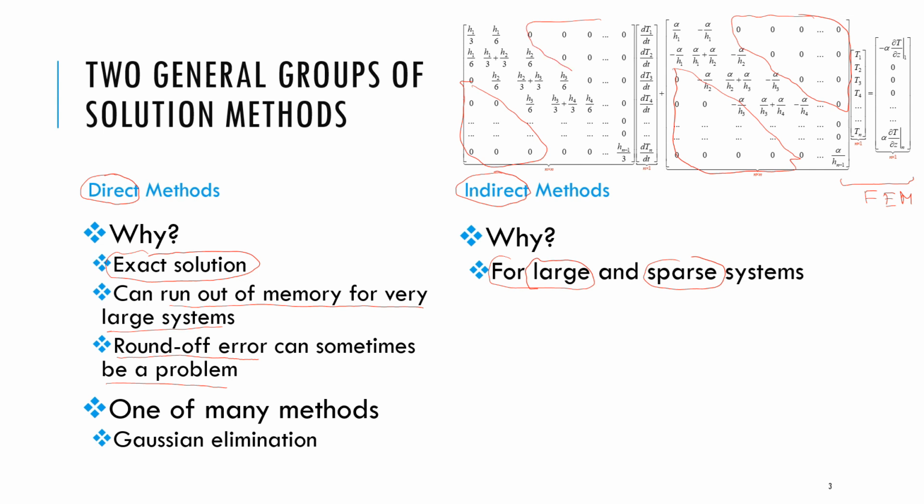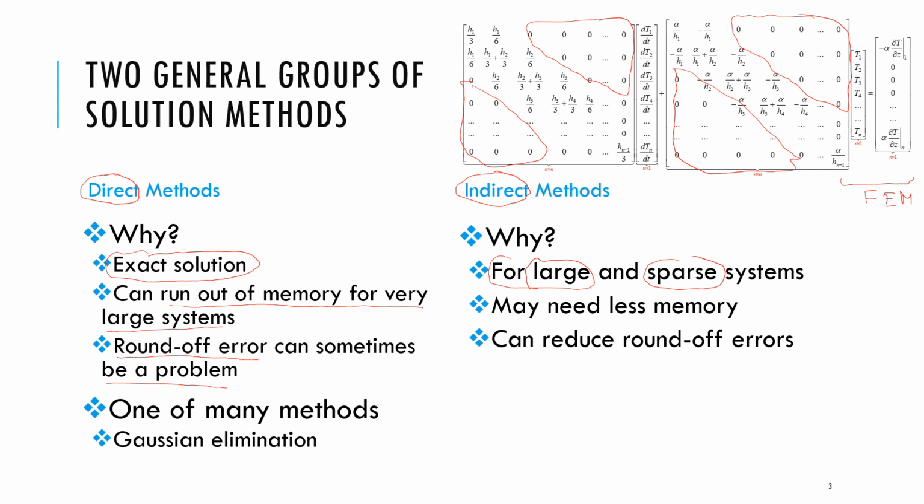When we have a lot of zeros, of course the characteristics of solving that is different, and indirect methods turn out to be more efficient. They are likely to need less memory, and can reduce round-off errors. One of the many methods that we'll cover is the Jacobi method.